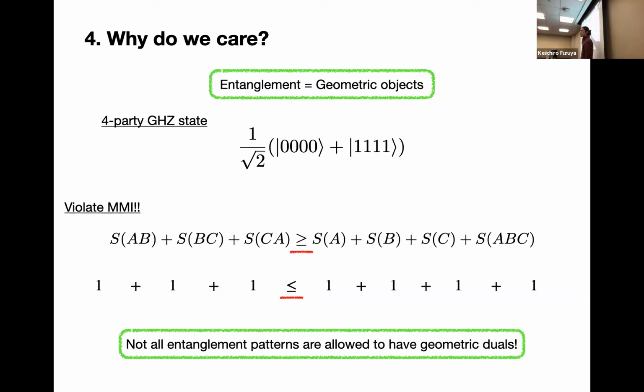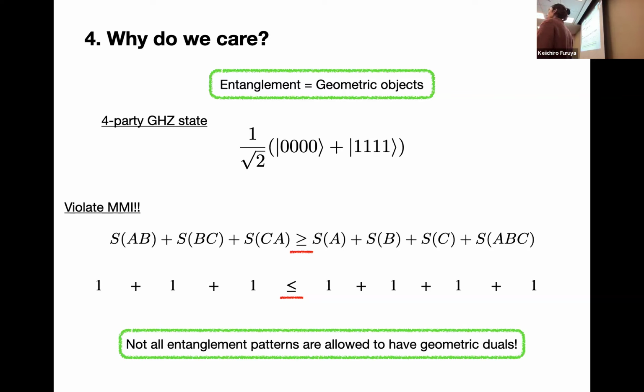So in this way, I have a quantum state that violates the MMI, but I'm not sure what the boundary or the space-time metric is. So how do you know that the geometric dual to this is not something other than AdS3? Well, first, this is just 4 qubits, so I think the degrees of freedom are too small. So I'm not sure it's AdS3.